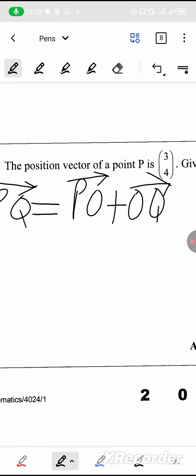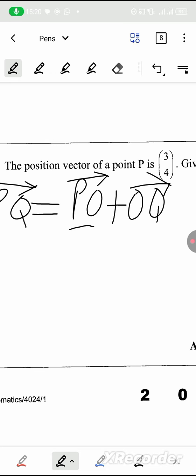Now when you look at PO and the arrow where it is pointing, the origin is after the P. Meaning this person, or an object, was moving from O to P, so now we are moving opposite the direction, meaning we are subtracting.